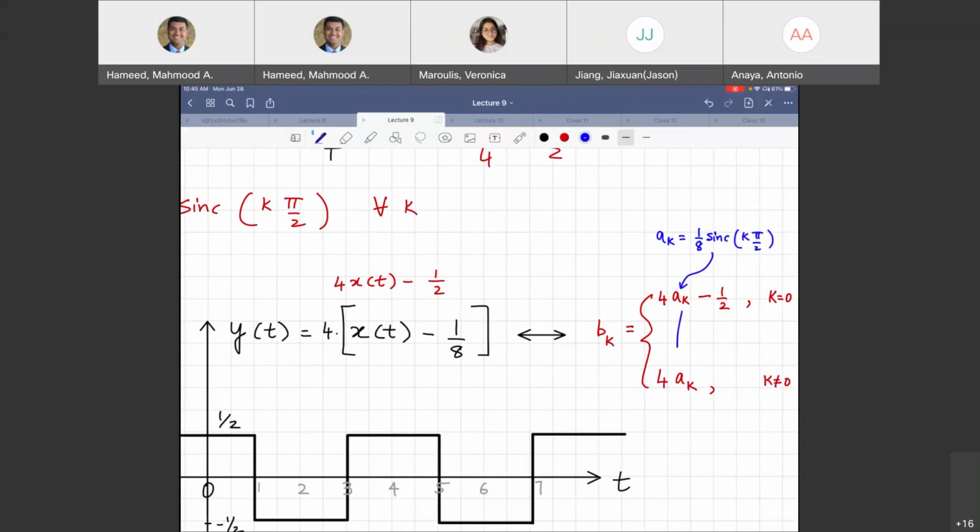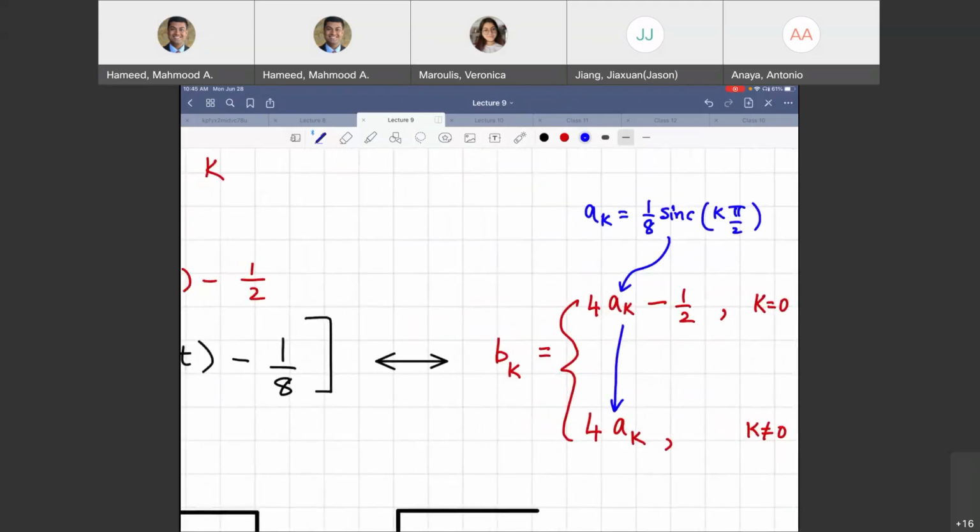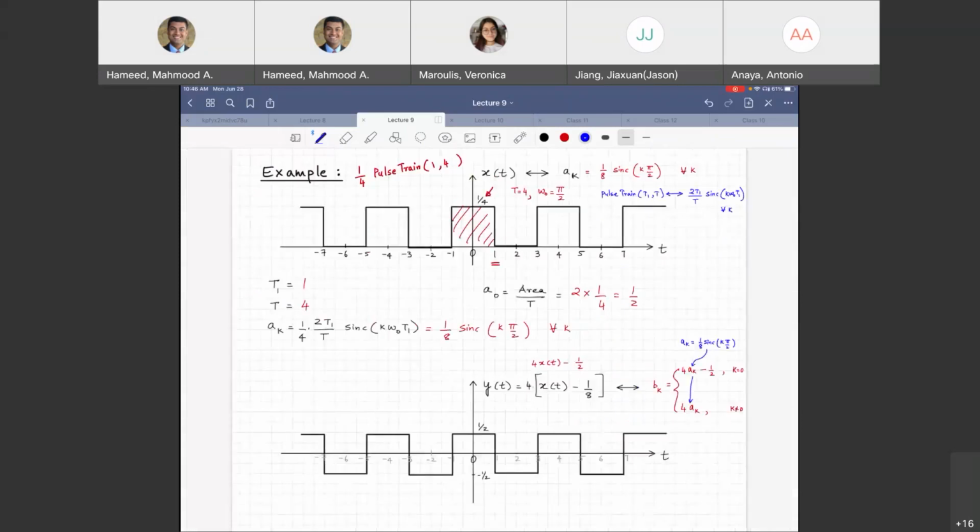And also over here. So if you are asked to express it as a sinc, then you would express b_k as half sinc(k pi over 2) when k is not equal to 0, and it equals minus half when k equals 0. Let us rewrite this.